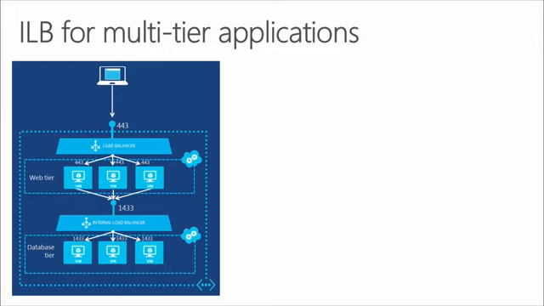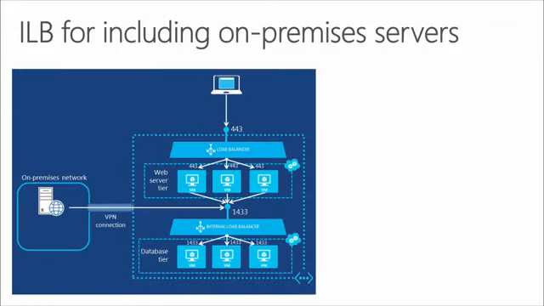So their requests to the database virtual machines are load balanced and not just using one single database virtual machine. You can even add your own on-premises environment into that equation. Again, if you create a site-to-site VPN connection between your on-premises network and Azure, you are able to use that internal load balancer to give access to your on-premises environment to the load balancer working internally.